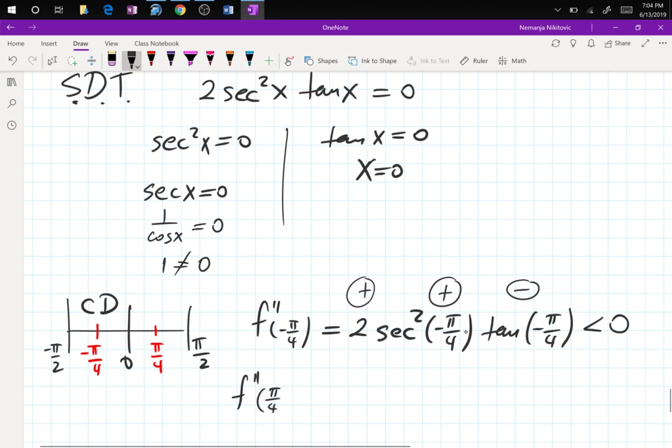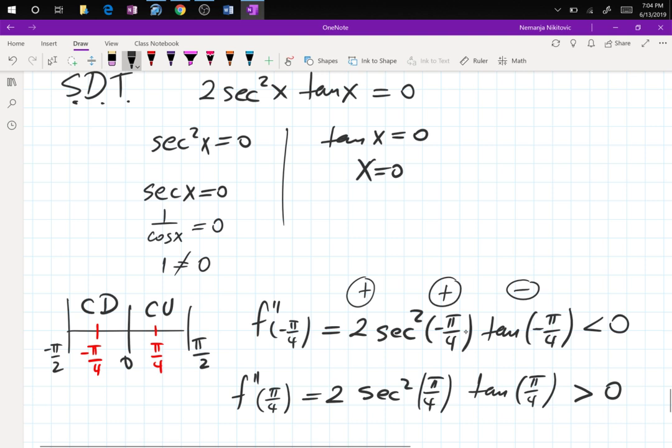And if we have positive pi over 4, we have the same analysis. And that's going to be concave up, because all of the terms are positive. And then we draw the graph.